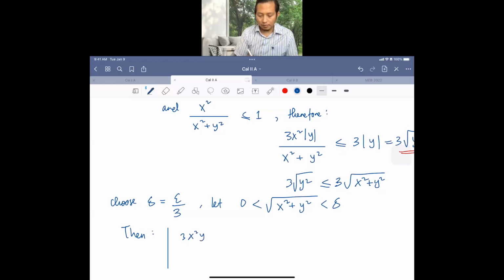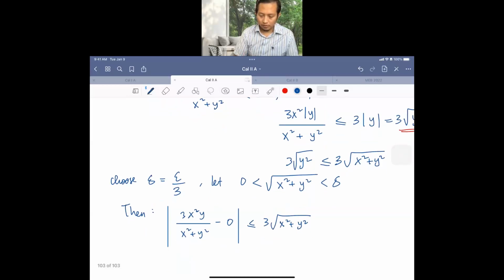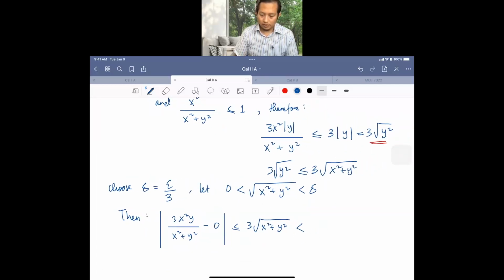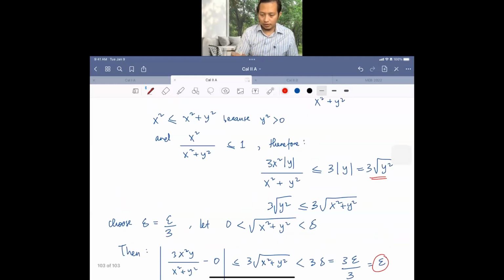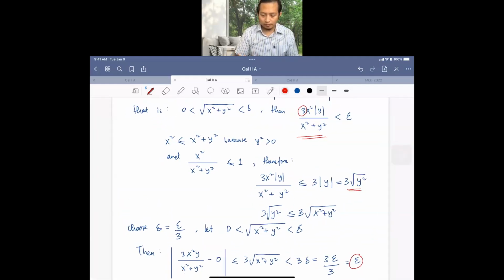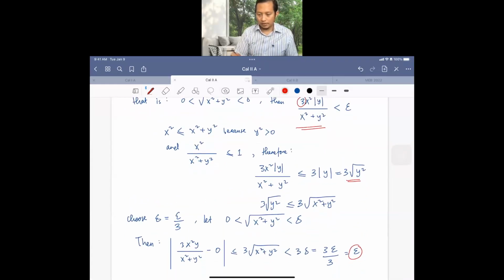It's simply similar to what we have done in calculus 1 with the precise definition of limit. You can write that this is less than 3 delta, and this will be equal to 3 epsilon divided by 3, which is equal to epsilon, so we get the same answer.